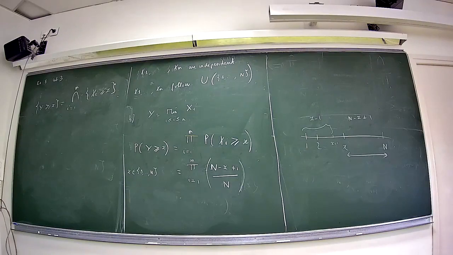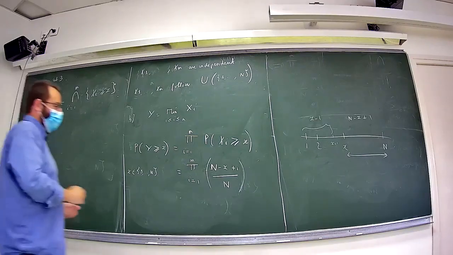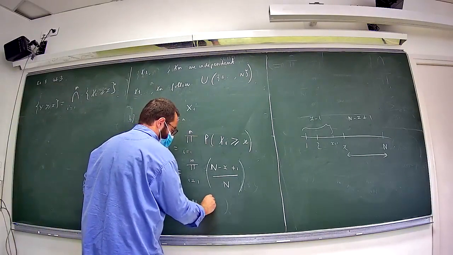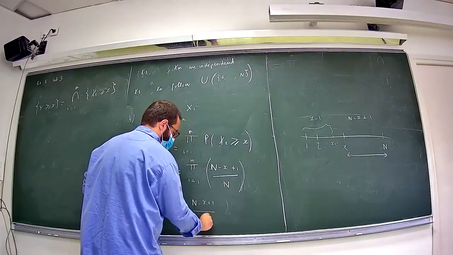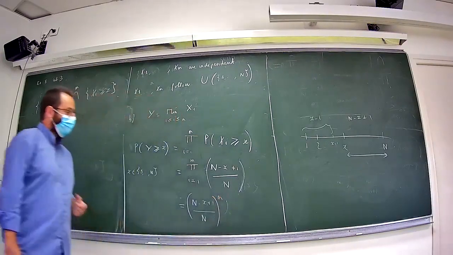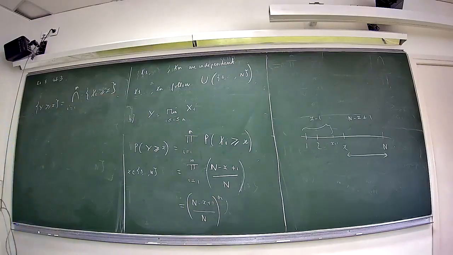Once again, here I have a product with small n terms. What I have inside is a constant, so I will just make the power n appear.